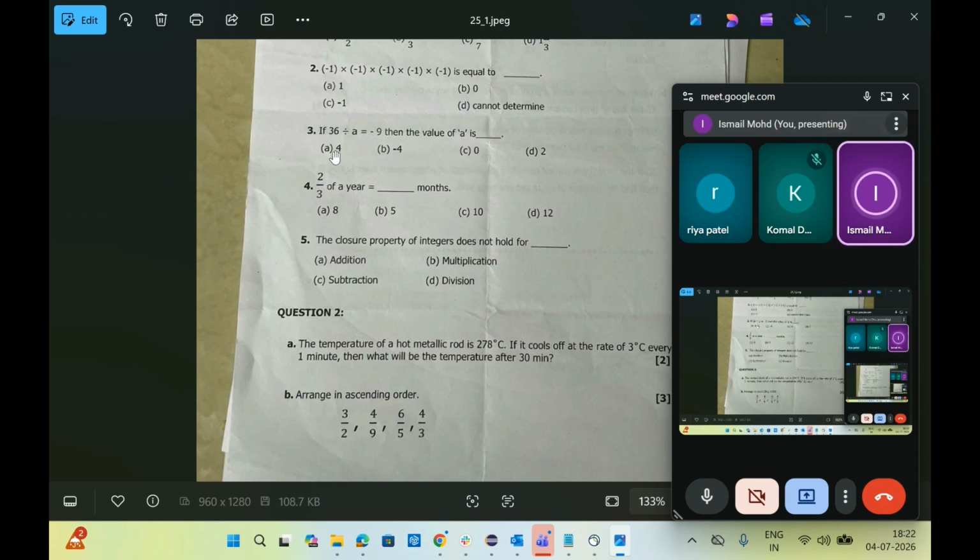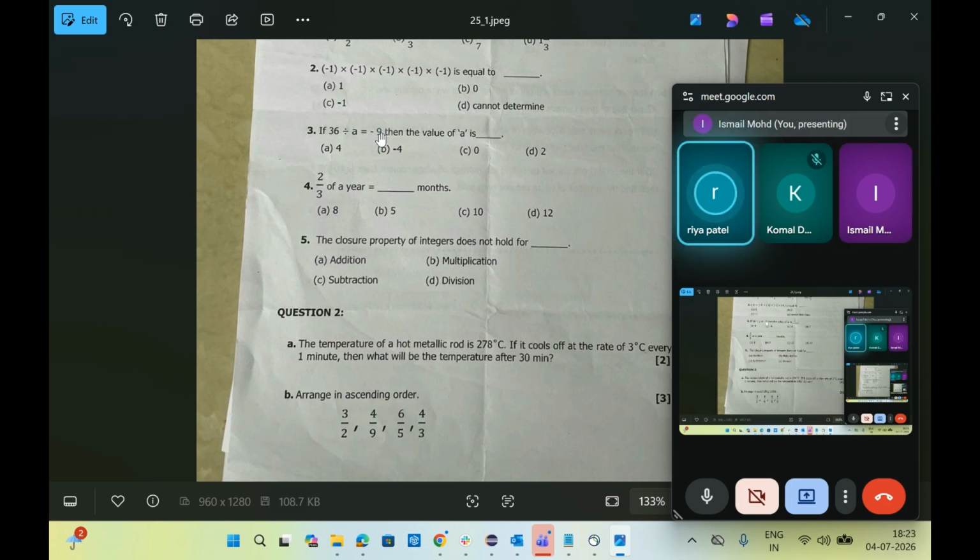Now to find the value of A, this A you send to the other side of equal to, this minus 9 you send this side of equal to. When it comes to this side, it comes in the denominator. So it will be like 36 by minus 9. Just forget about minus or plus. What is 36 by 9?